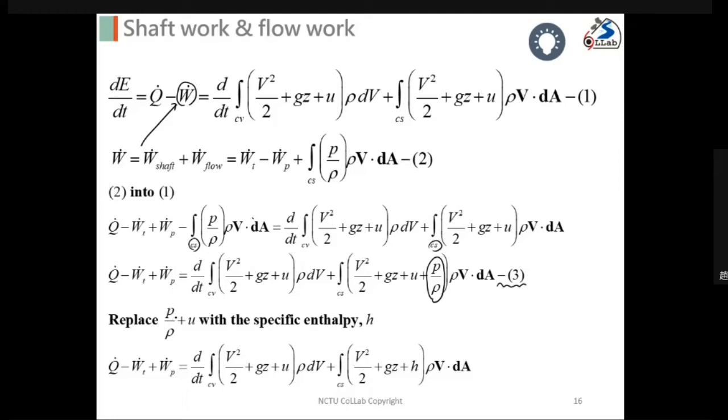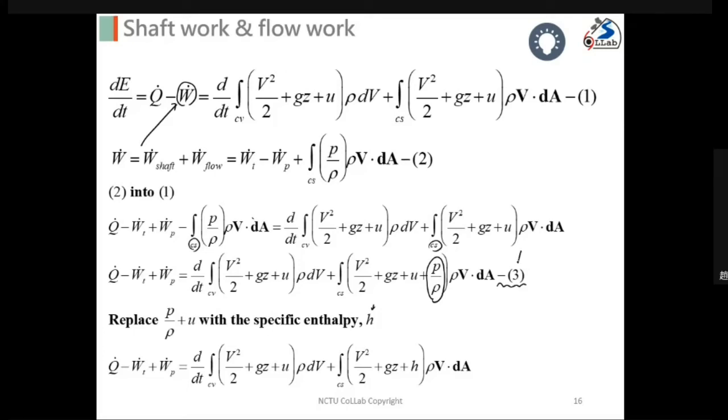This equation is our equation 3, and then if we replace the item, the pressure divided by rho plus the internal energy, we call that the specific enthalpy h. And this is a very famous parameter used in thermodynamics problems.